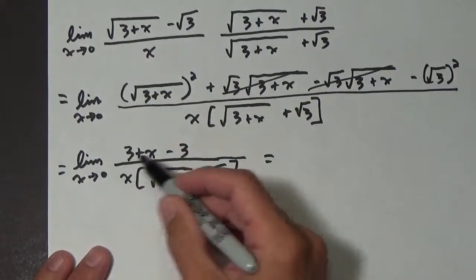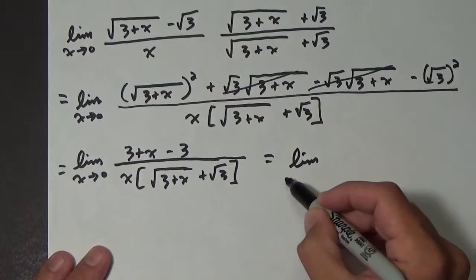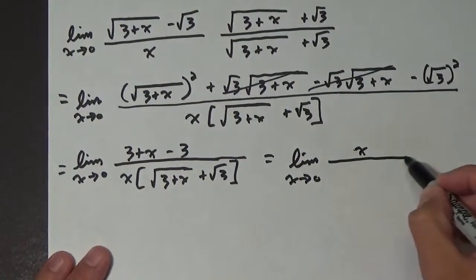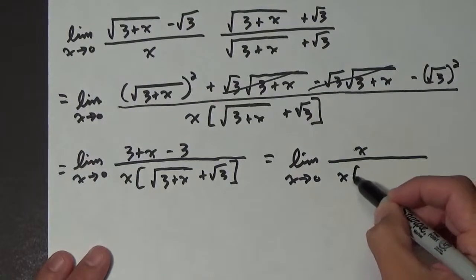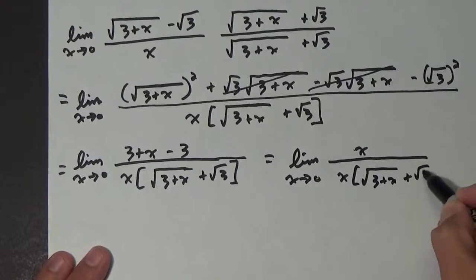Alright, so these 3's cancel out, so we get the limit as x approaches 0 of x all over x times the square root of 3 plus x plus the square root of 3.